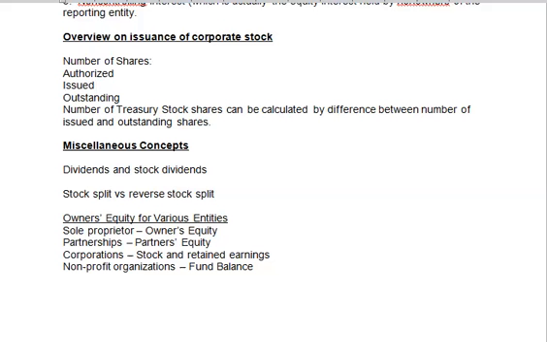And they haven't gotten anywhere close to their legal authorized number of shares, that 1,000,000 shares that they can issue. Should they get close to that number, they can go back and get stockholder permission to increase that number.